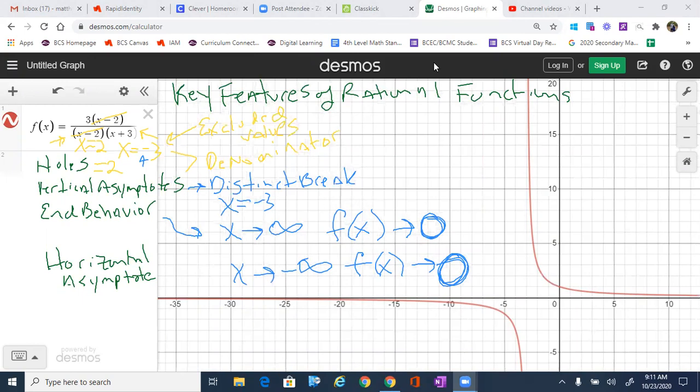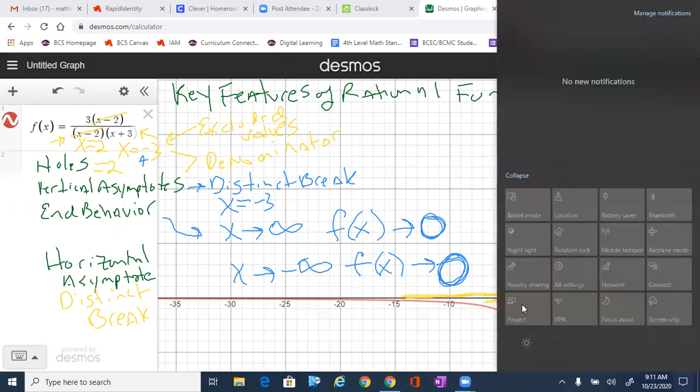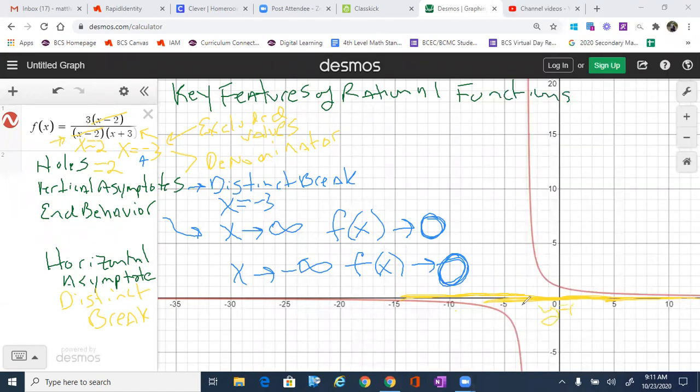Okay, we can write that down: distinct break. But we are no longer looking at it vertically, we're looking at it horizontally. And look, here's a distinct break in the graph right there at y equals 0. So my horizontal asymptote is going to be y equals 0.